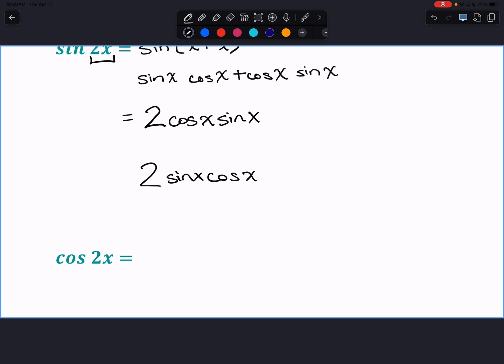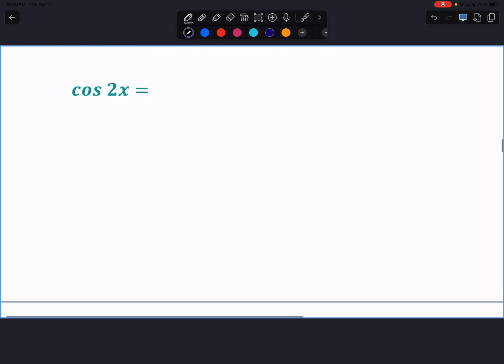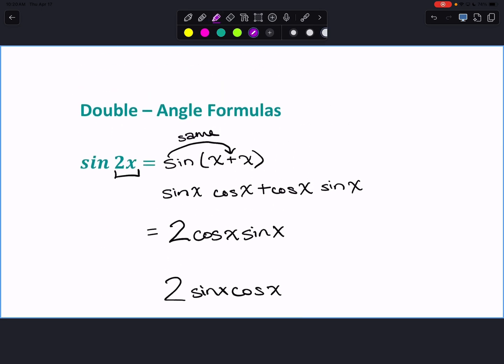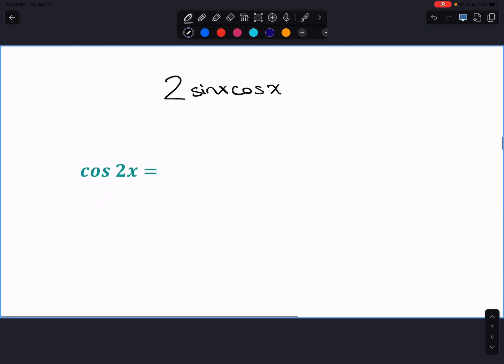Okay? So let's derive the double angle formula for cosine of 2x. These are called double angle formulas. If you've had trig before, they would have probably just shown you the formula, but I want you to see why it is the formula. So what do you think we should write for cosine of 2x?